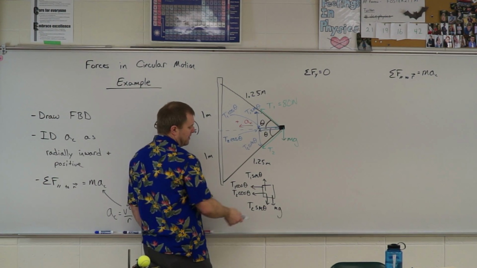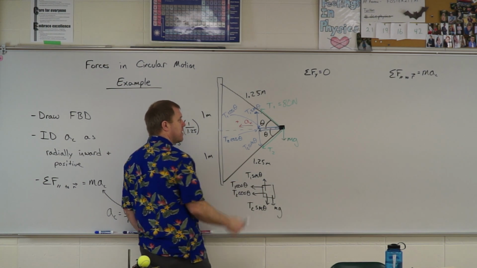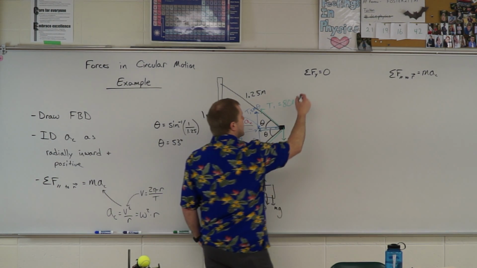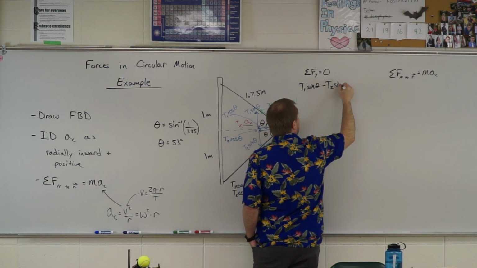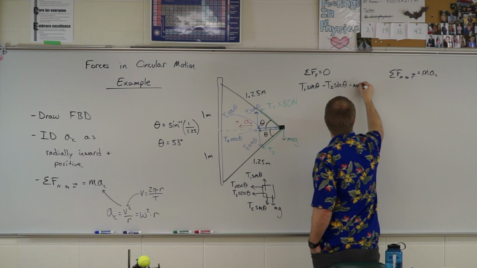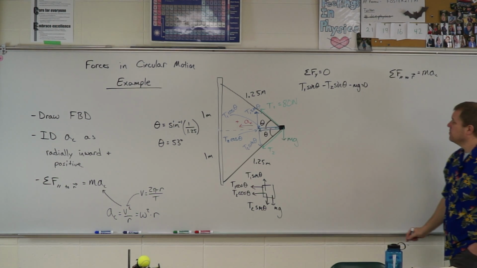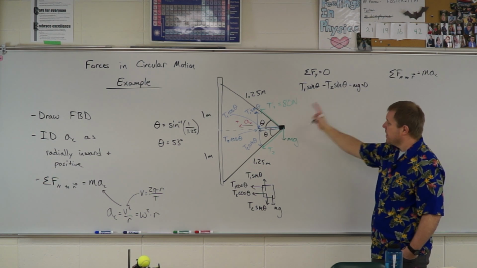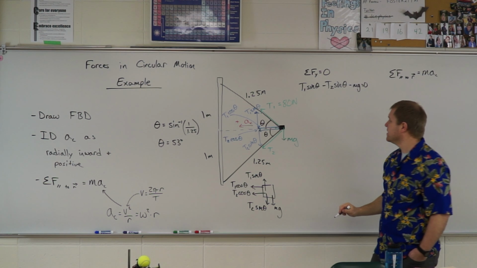That'll help me identify what's in my y direction, what's parallel to my radius direction. So in my y direction, I see I have T1 sine theta minus T2 sine theta minus mg equals 0. So I have 2 unknowns here. Actually, I only have 1 because I know theta. It's 53 degrees. So I'm only missing T2. So we can go ahead and solve this.